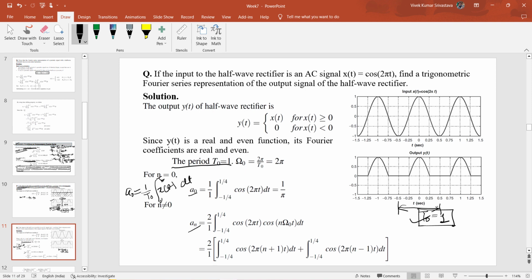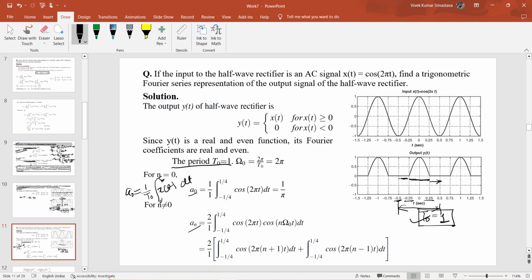For the time period from minus 0.5 to minus 0.25, the value of this signal is 0. From minus 0.25 to 0.25, the signal is nothing but cos of 2 pi t.